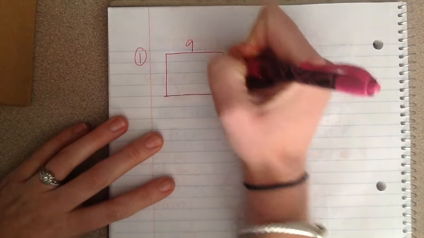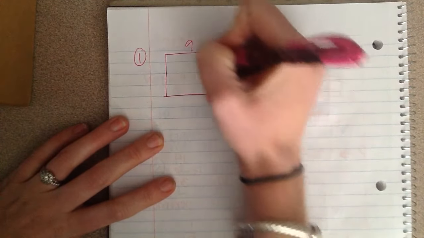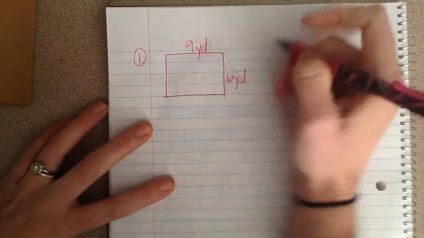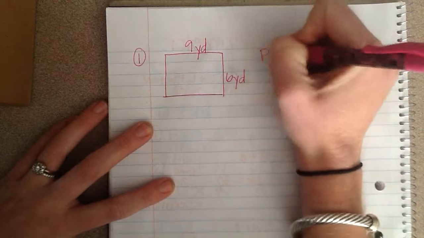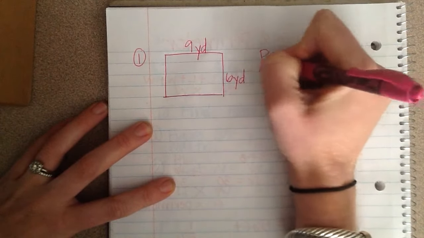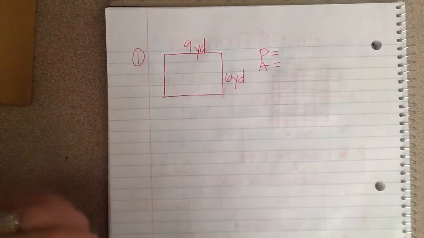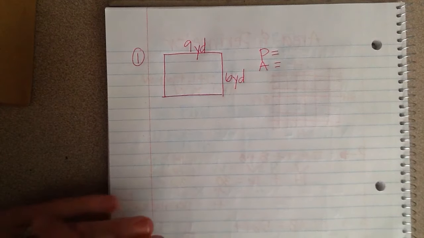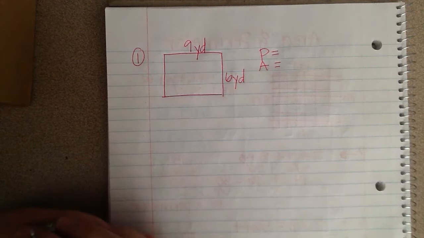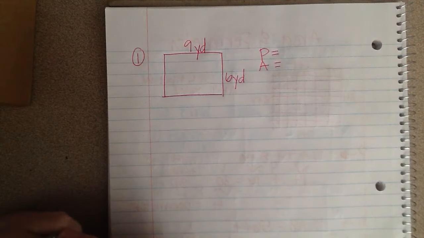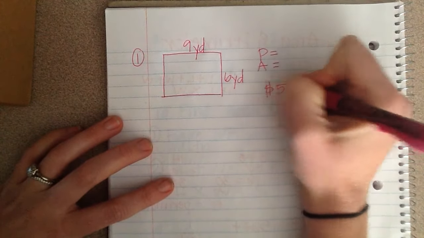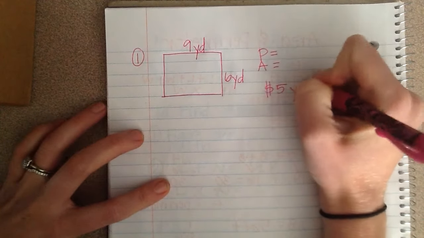Say this is 9 and this is 6, and we'll say yards. I want you to find the perimeter and the area, and we'll say that this person needs sod for their grass in their backyard, and sod's going to cost $5 per yard.